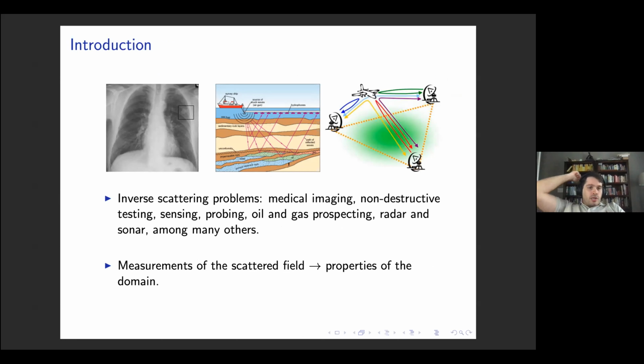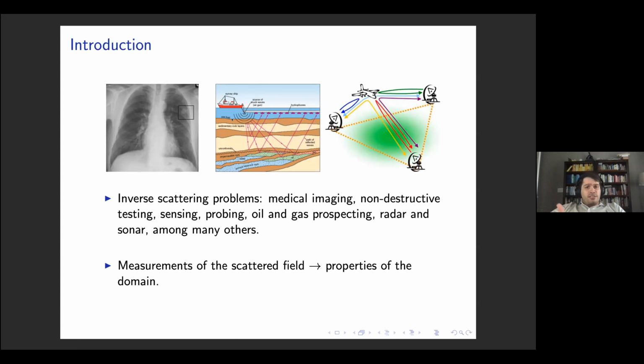You send a field to a domain or a system, and this field is scattered. From this scattered field, we try to obtain some properties of the domain. There are several applications, such as in medical imaging, to make images inside of people and find tumors.